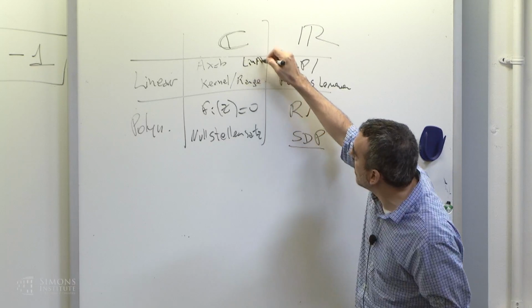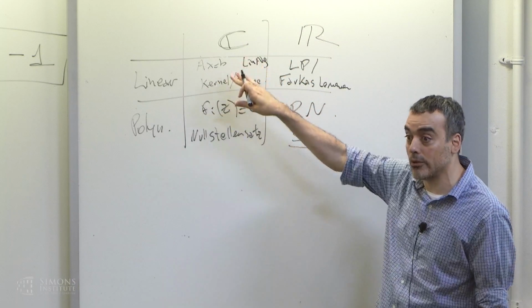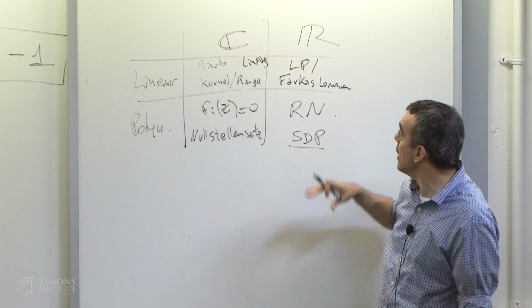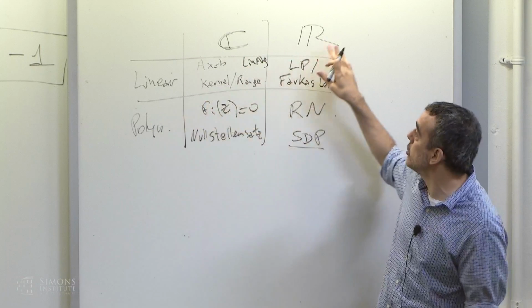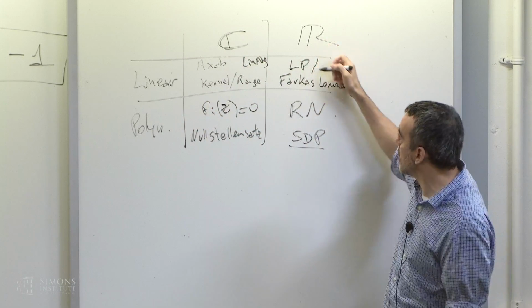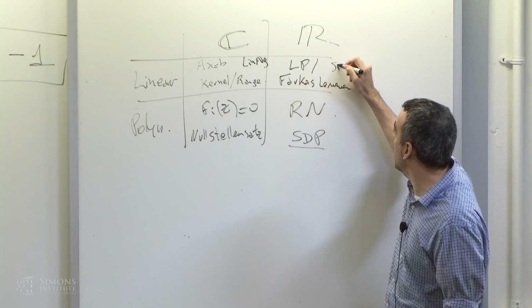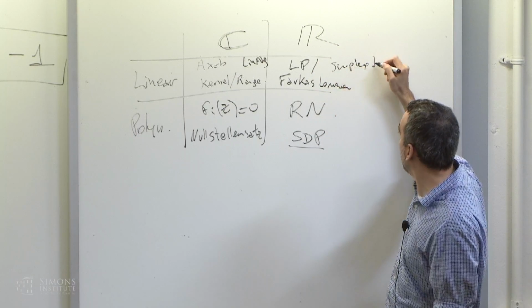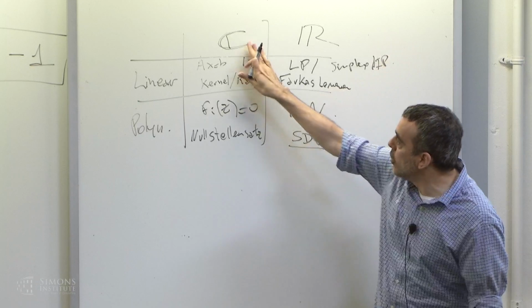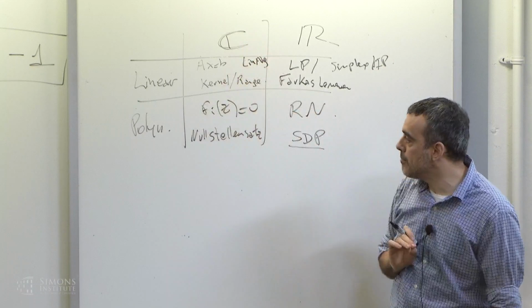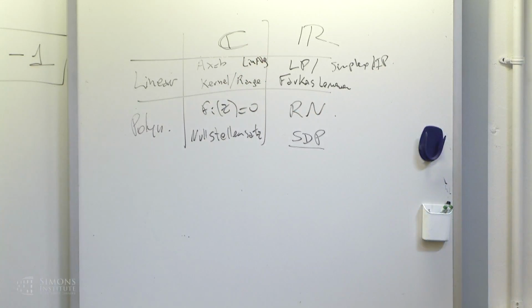If I want to decide or prove a certificate of infeasibility for linear equations over any field, you do linear algebra. If you want to think about linear inequalities over the reals, you do LP, and you would do simplex or interior point methods or whatever. If you look at polynomial equations over the complex numbers, essentially you're trying to find a solution of the Nullstellensatz equation where you're writing 1 rather than 0.